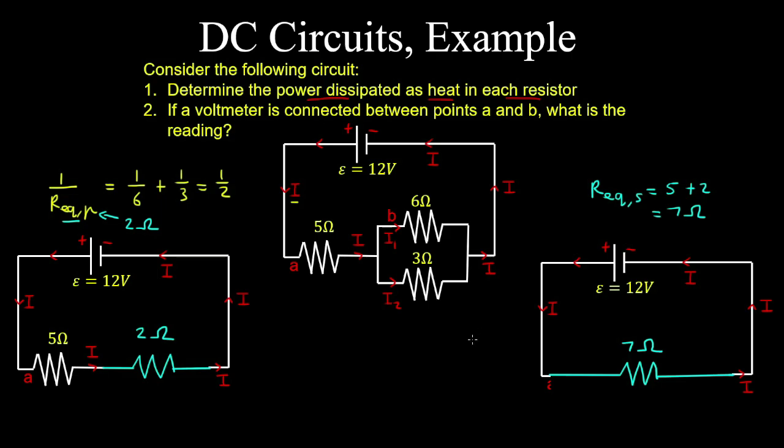And now we can apply Ohm's law, being the voltage equals the current by the resistance, to determine the current I. So turning this equation around, we have the current is the voltage on the resistance. So that gives 1.714, and let's add another decimal, and the current is in amps.